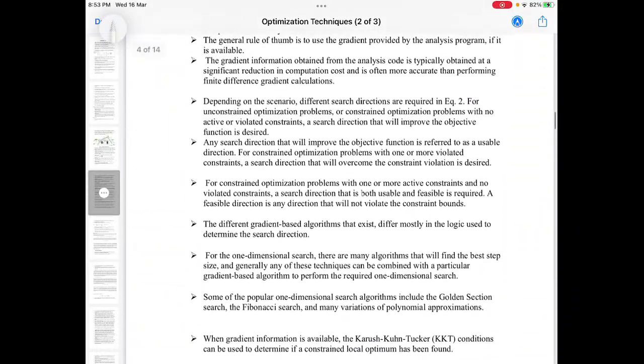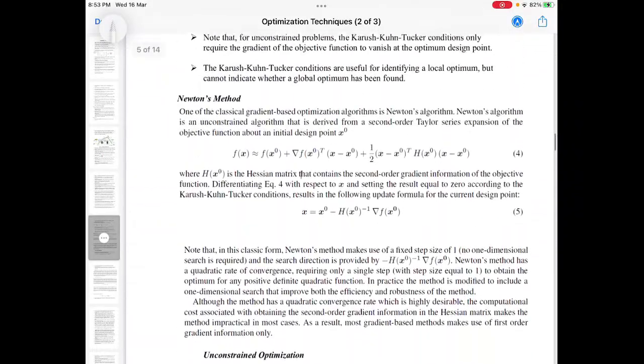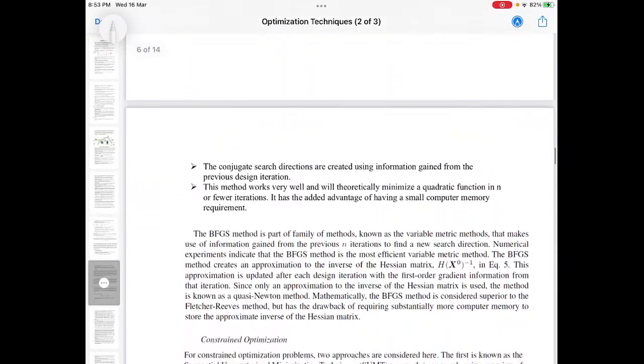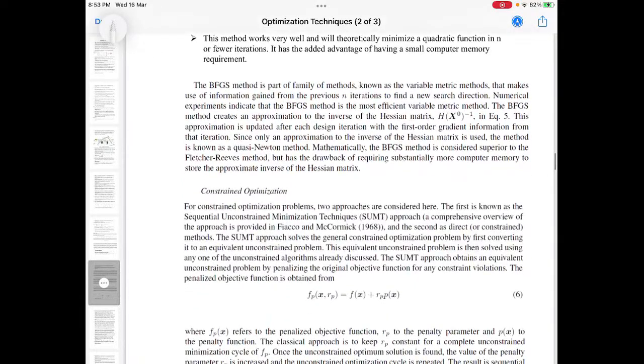So in the unconstrained method, when you are using a constrained optimization method such as SUMT, we are converting the constrained optimization problem to an unconstrained optimization problem, and we are solving it using any of the unconstrained optimization algorithms.